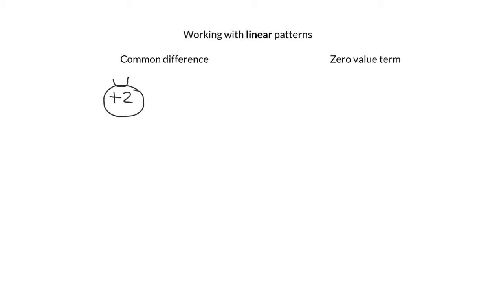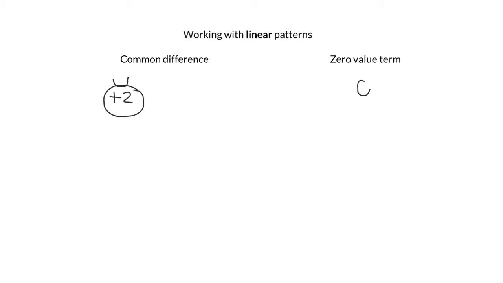So for example, in the pattern 1, 2, 3, 4, 5, 6, the zero value term is 0 because that's the number that comes before 1. For the pattern 2, 4, 6, 8, 10, we would go back 2 more before plus 2 and we would have 0.